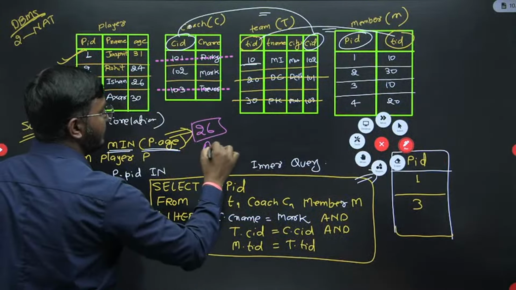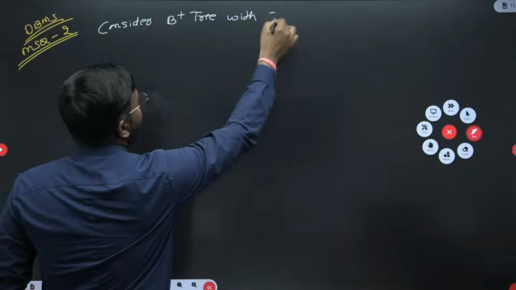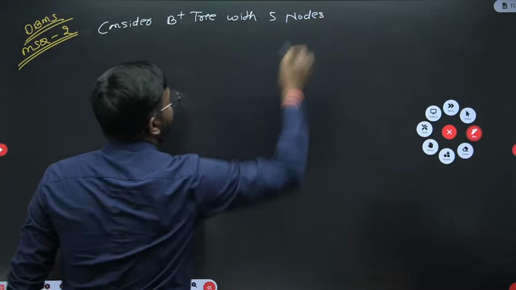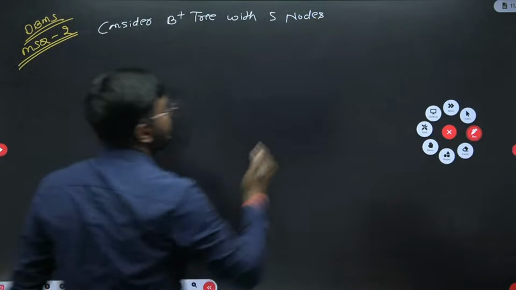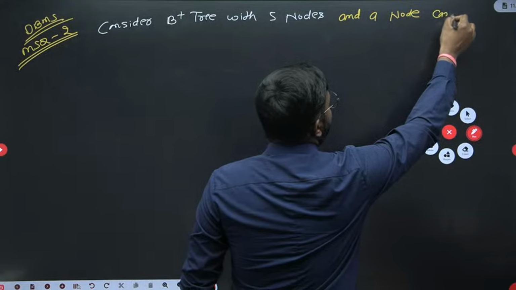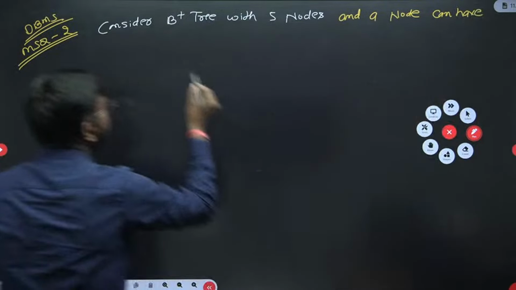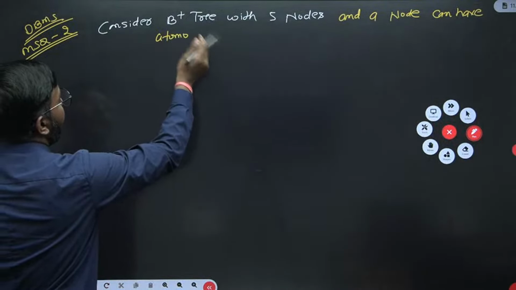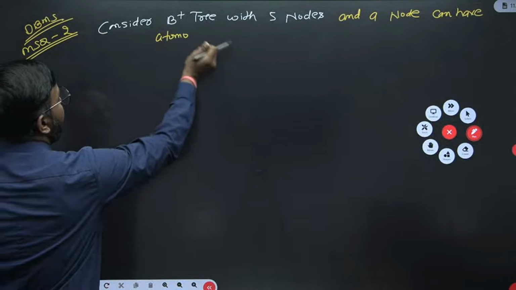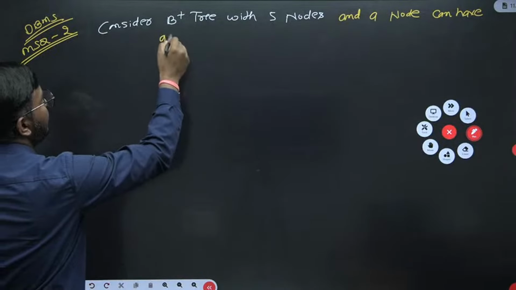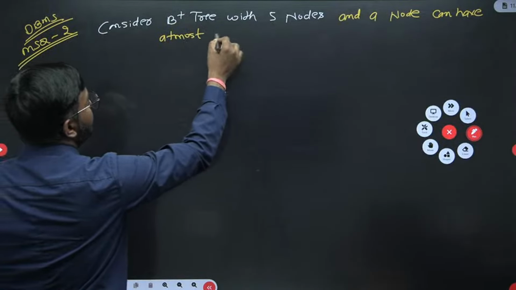In the question it was given: consider a B plus tree with 5 nodes, and a node can have at most 3 keys.